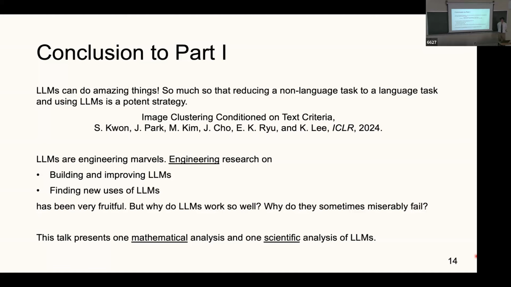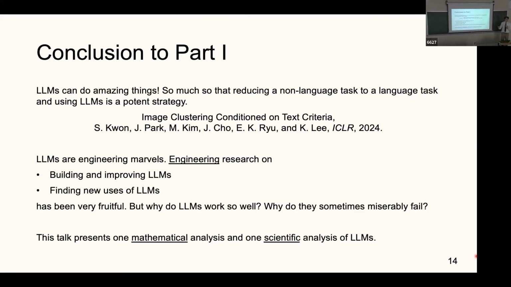But then I want to move on to the question. The main focus of this talk is to address the question of why do LLMs work so well? I've been very positive about their success, and they often do work very well, but sometimes they do fail miserably. So it works well, it's impressive, and at the same time it does very silly things.